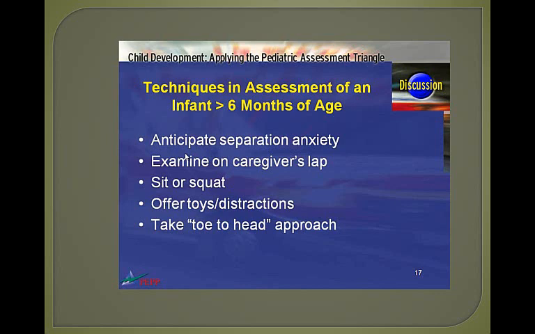Examine that child on the caregiver's lap. Sit or squat to make yourself smaller. Offer toys and distractions, and take a toe-to-head approach. You start at the extremities and work your way up.